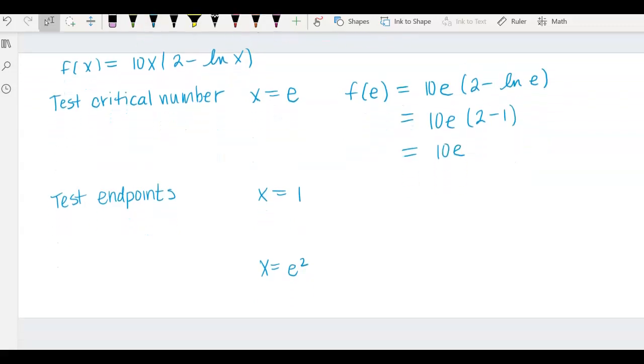All right, plugging 1 into the equation, f of 1 will have 10 times 2 minus the natural log of 1, which is 10 times 2 minus 0. So this is 20.